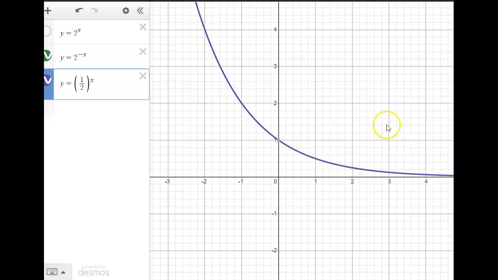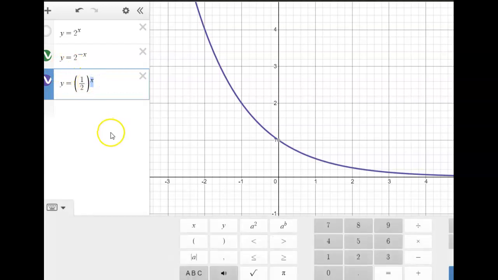You cannot see anything else because they're the same, they're overlapping. So it is also important to know that if you have a positive exponent, but your base is less than 1, you will also see that decreasing behavior. That is so important.